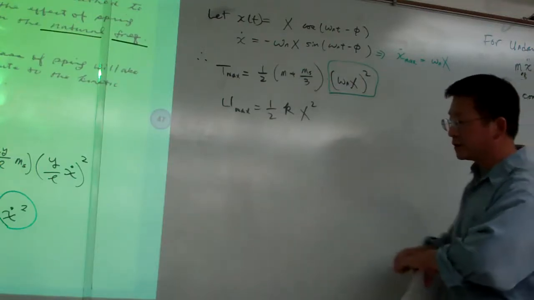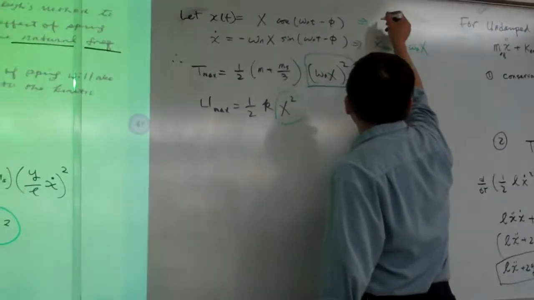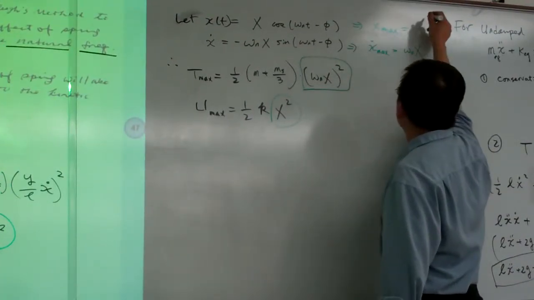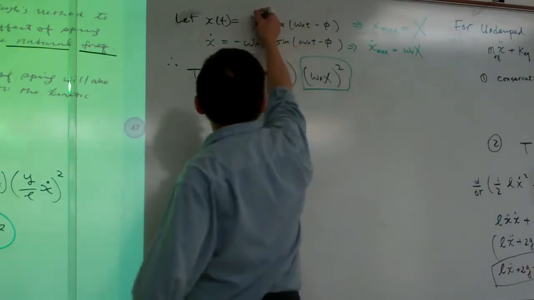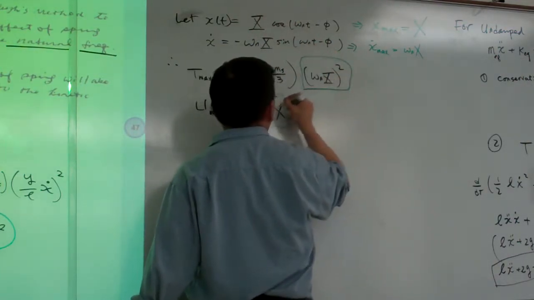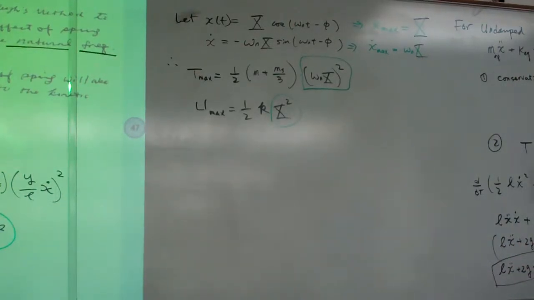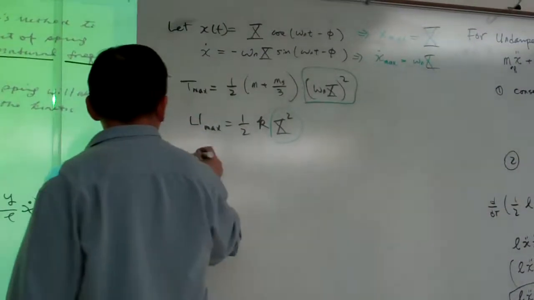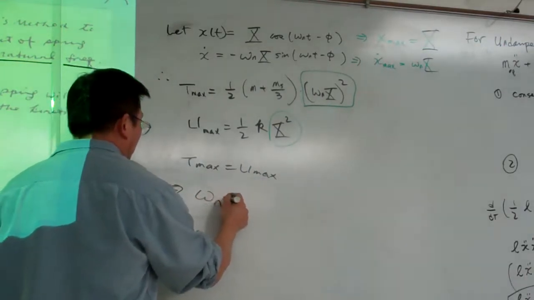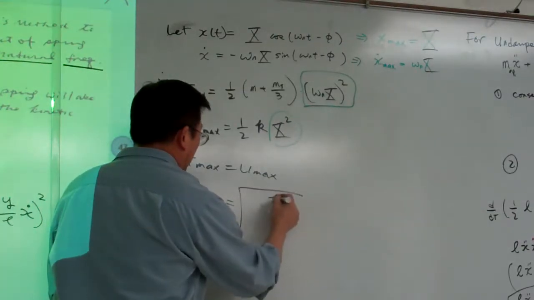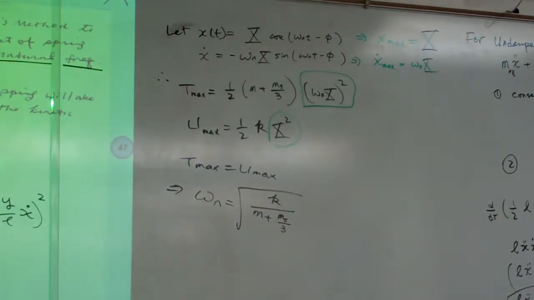Again, I introduce the maximum value because the maximum of x here is capital X, so it is better for me to distinguish this as capital X. Comparing these, by T max equal to U max, you can see omega n will be equal to the square root of k over m plus ms over 3. That is this number here.